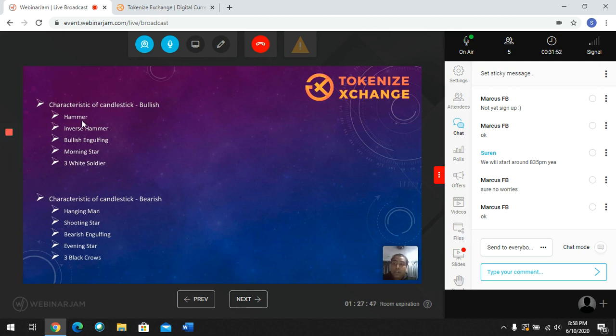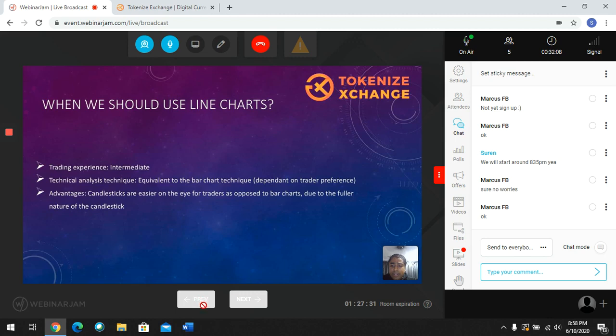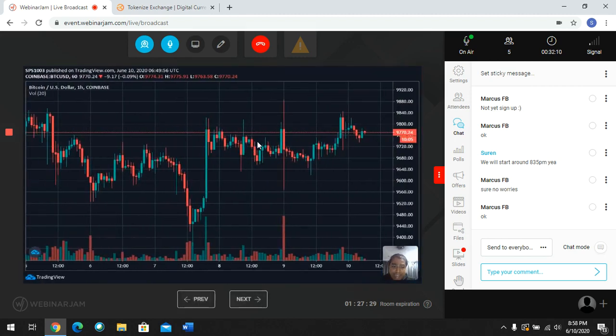All right. So for bullish characteristics, we have these terms called hammer, inverse hammer, bullish engulfing, morning star, and three white soldiers. You will be surprised to see there are more terms representing candlesticks.